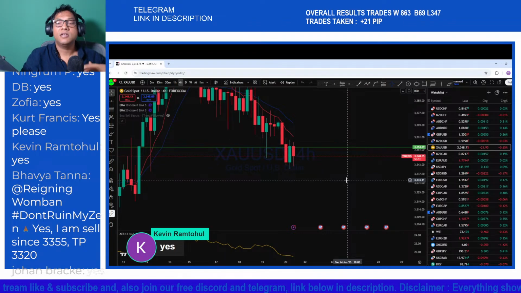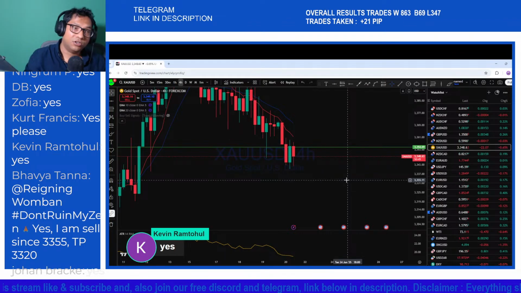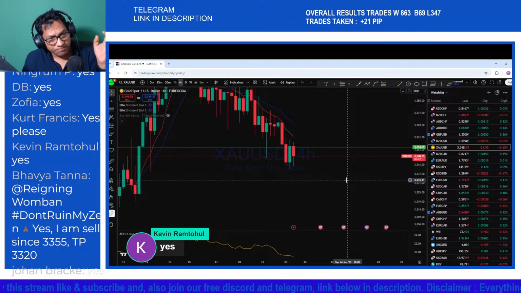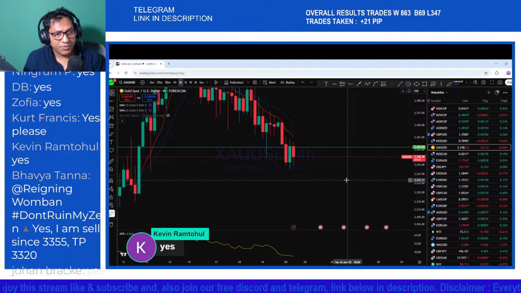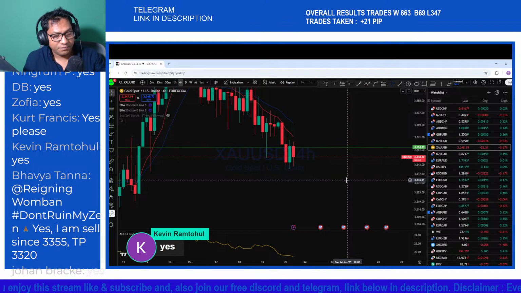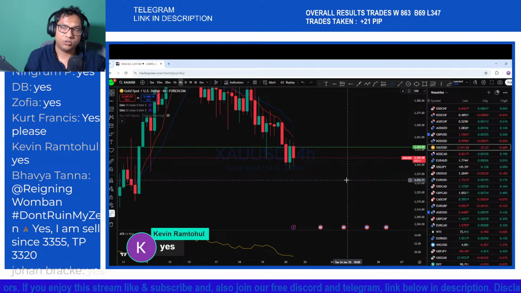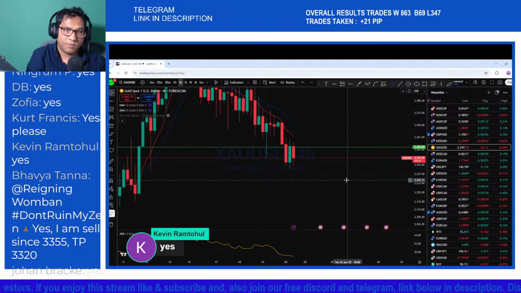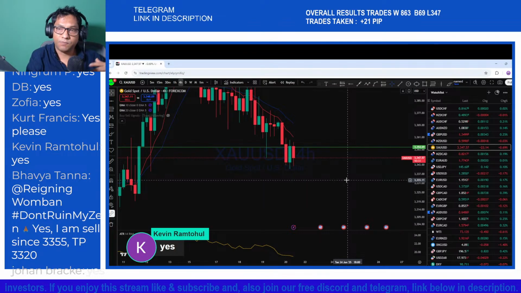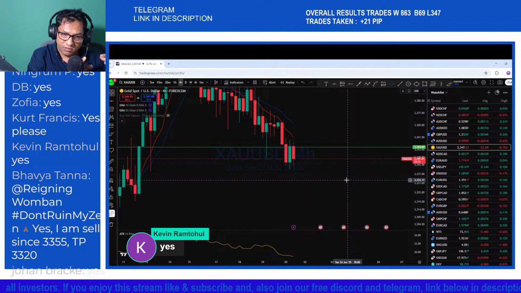So that is timing. That is fourth dimensional trading, which means at what time the price is hitting that important zone, which is also related to volume. But the timing is more experiential, and that is very important.